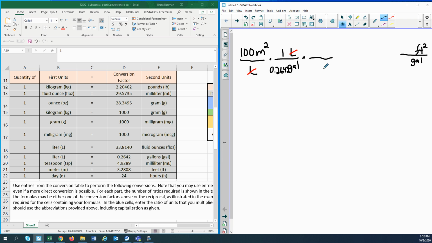Okay. Our next goal is to get rid of meters. So I'm going to need meters on the bottom, or in the denominator, twice since there's a meter squared. So none of our conversions are square meters. So we're hoping that there is a meters to feet. Again, meters squared just means meters times meters. So we need 2 in the denominator to reduce both of those out.